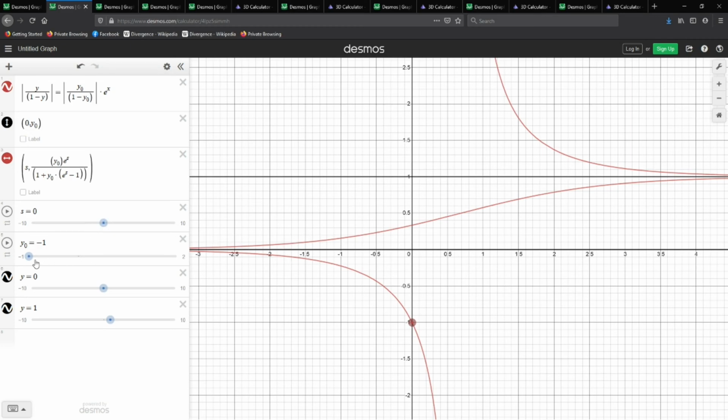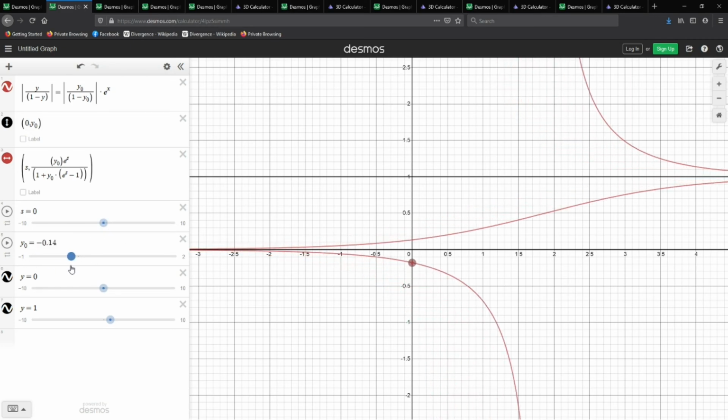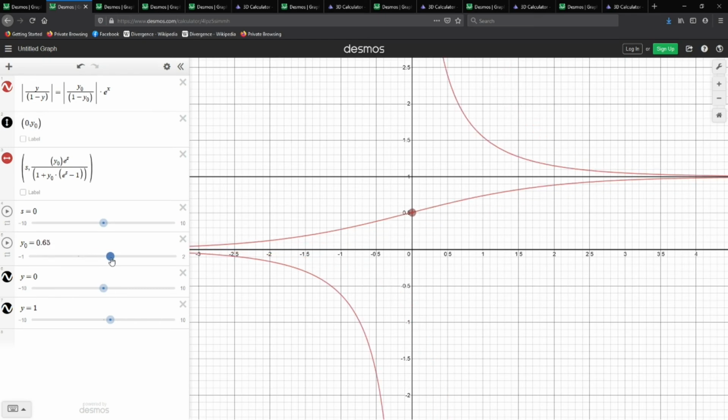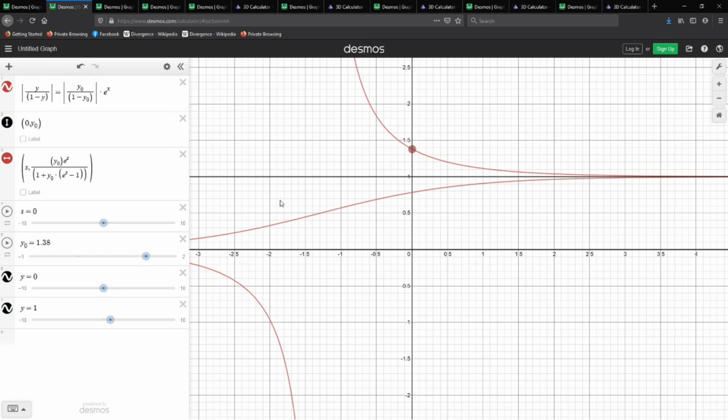If you start with a value for y naught inside the interval from 0 to 1, the limiting value is 1. And if you start with an initial value inside the interval from 1 to positive infinity, the limiting value is also 1.